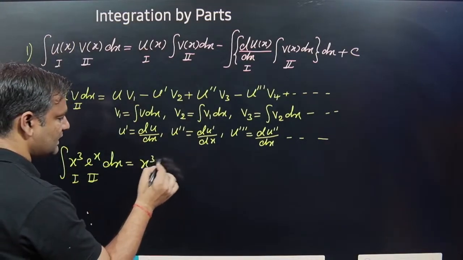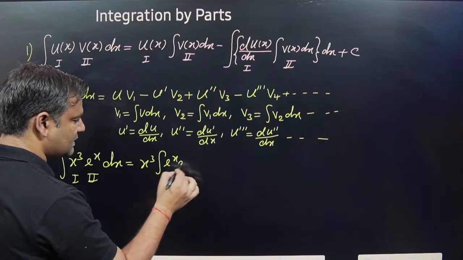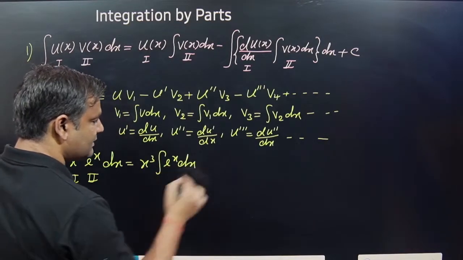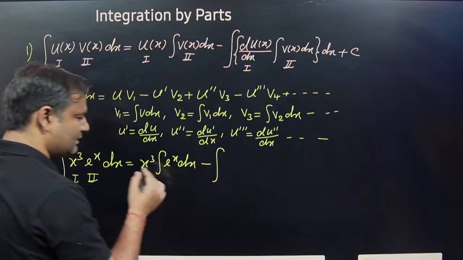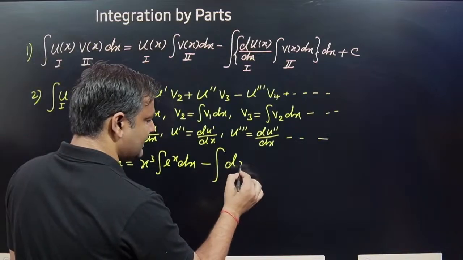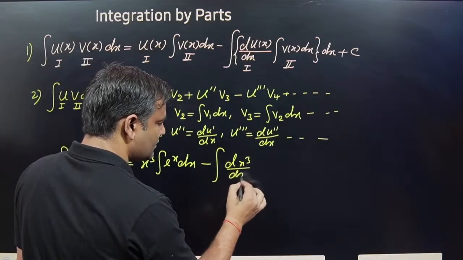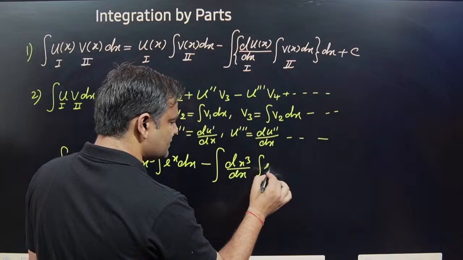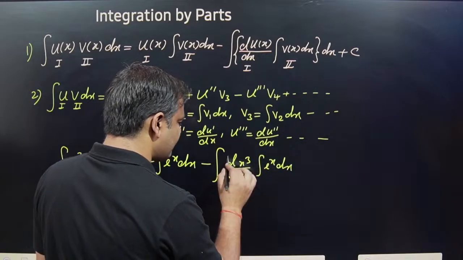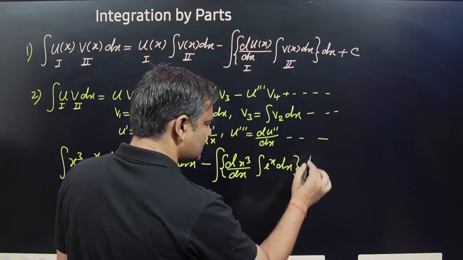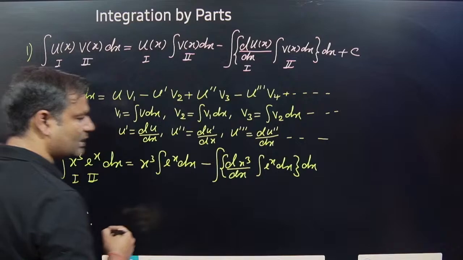First x cube into integration of e to power x dx, minus differentiation of x cube into integration of e to power x dx, into dx. Now what is that value?